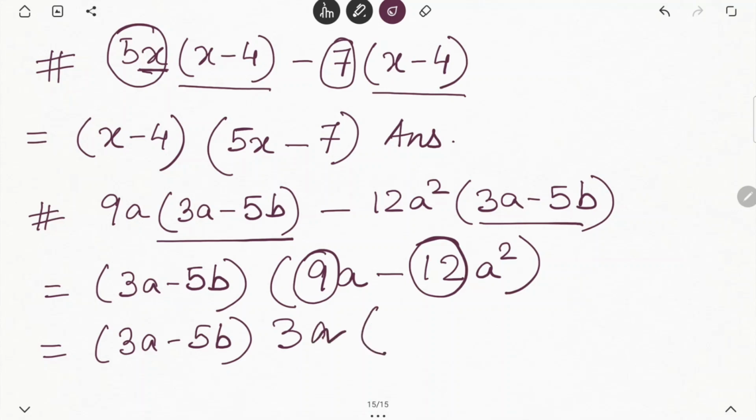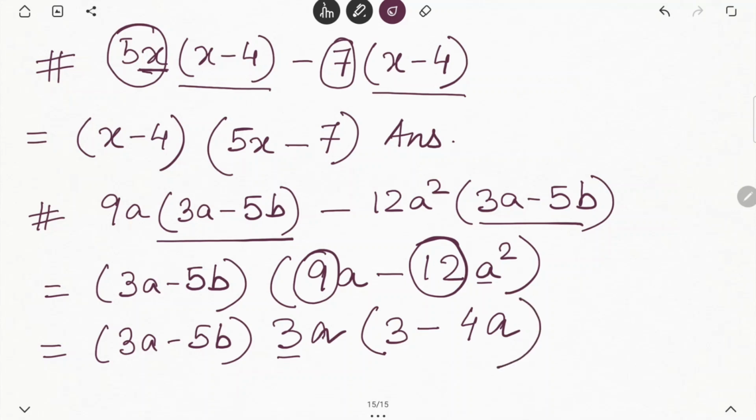So now again after taking out common, I have to write the leftover part. So 9 divided by 3 gives us 3. A divided by a gets cancelled. Next I move on to the second term. 12 divided by 3 will give us 4. A square divided by a will give a.